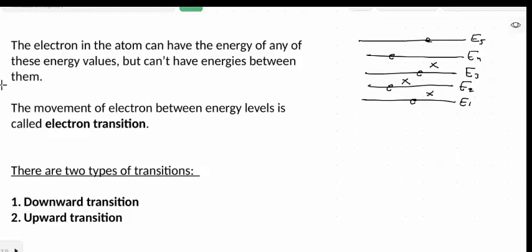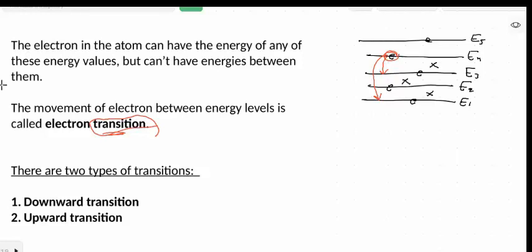This is number one. Number two, the movement of an electron between energy levels is called a transition. We will see later that this electron, for example, can move from this level to this level, or from this level maybe to this level. This jump, we call it an electron transition.